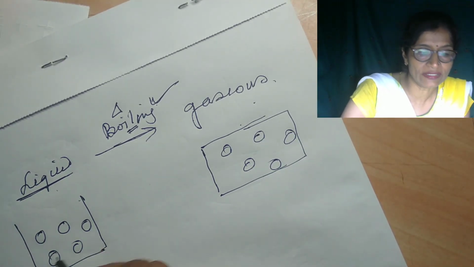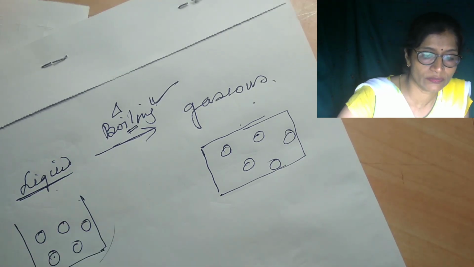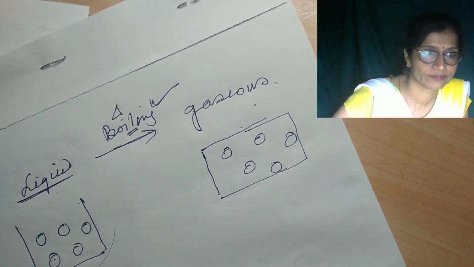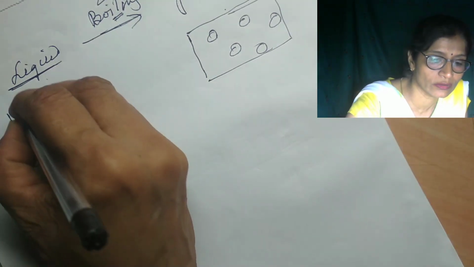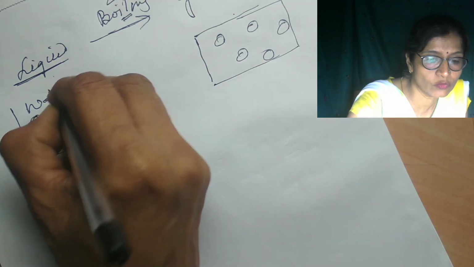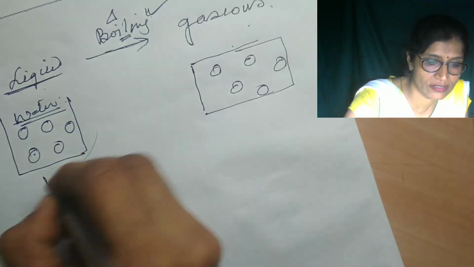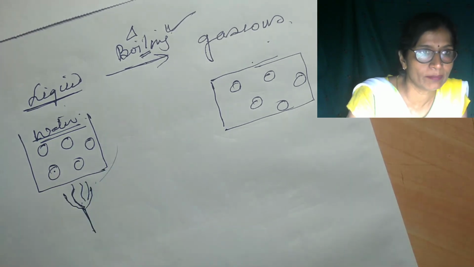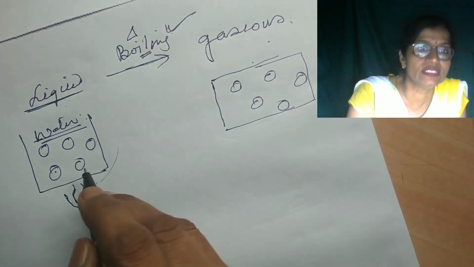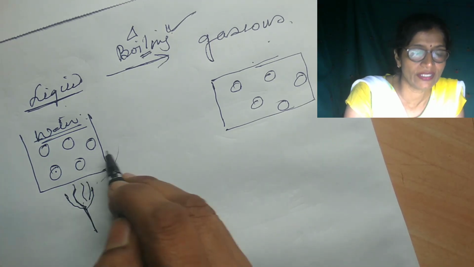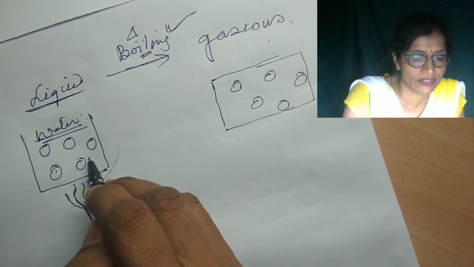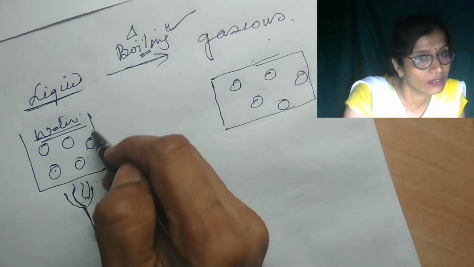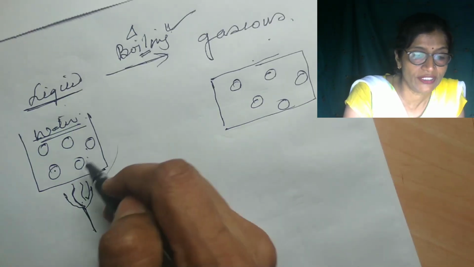So what happens when this is heated? When this liquid substance is heated, for example water, then the average kinetic energy of the molecules increases, because heat energy is converted into kinetic energy.